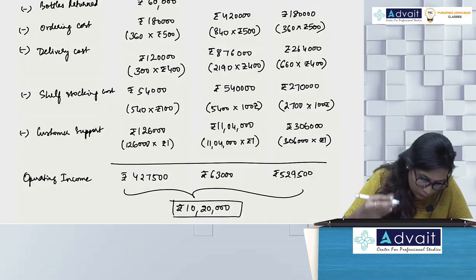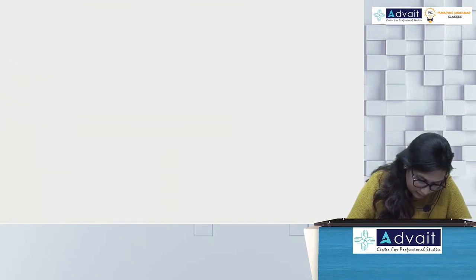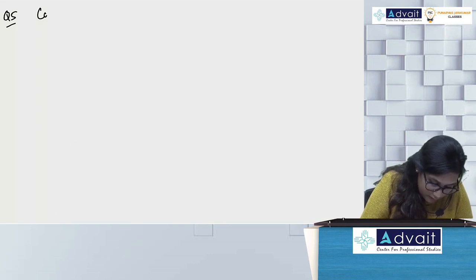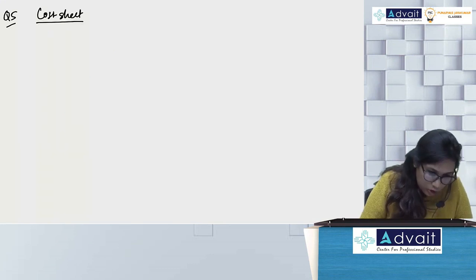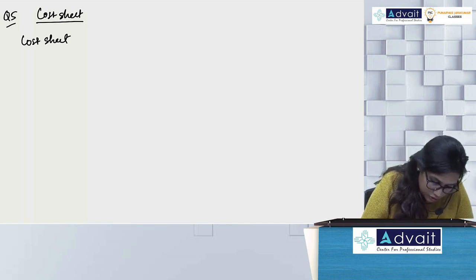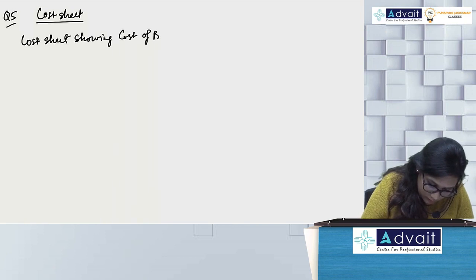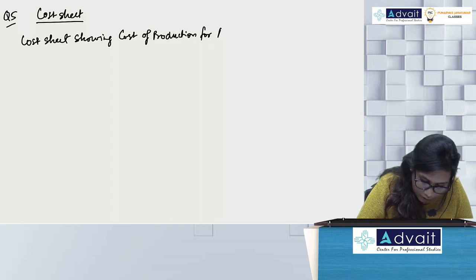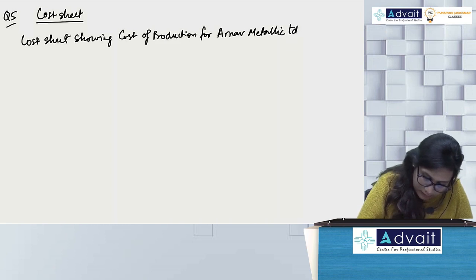Yes. So let's move to our classwork, guys. Let's start solving this problem. So this is question number 5 based on the cost sheet. So cost sheet showing cost of production for Arnav Metallic Limited.